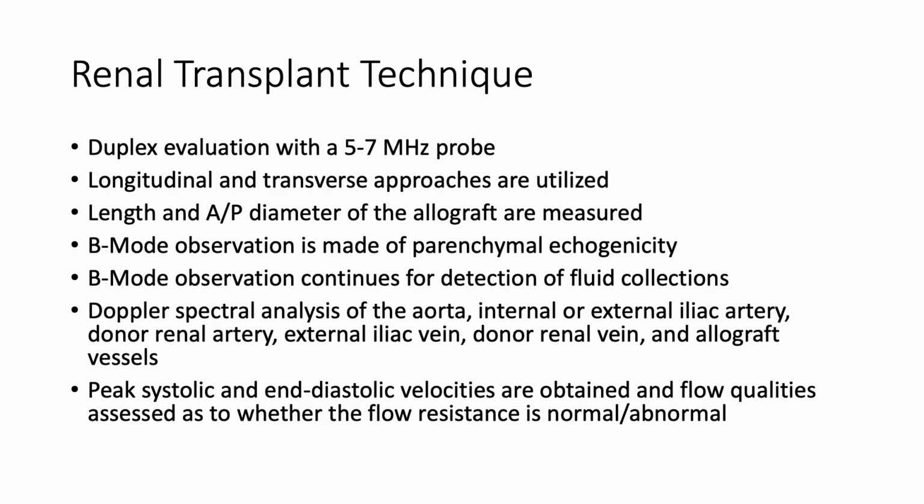Doppler spectral analysis of the aorta, internal or external iliac artery, donor renal artery, external iliac vein, donor renal vein, and allograft vessels. Peak systolic and end diastolic velocities are obtained and flow quantities assessed as to whether the flow resistance is normal or abnormal.